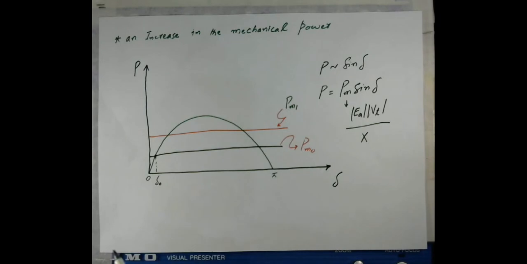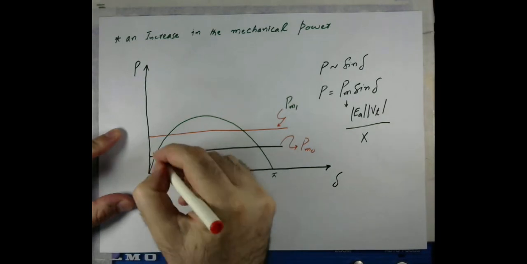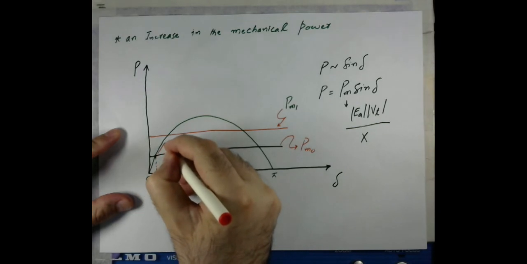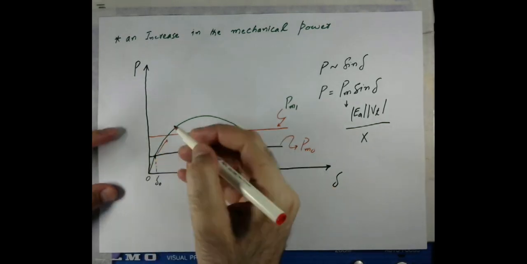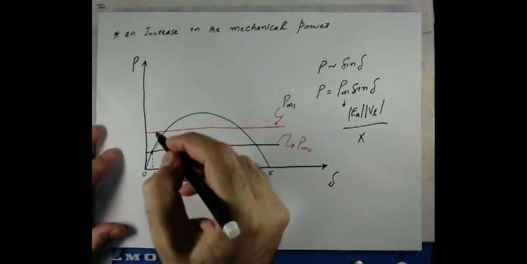So now the machine will accelerate, and let's say it moves in that direction. Then it will reach this particular point.